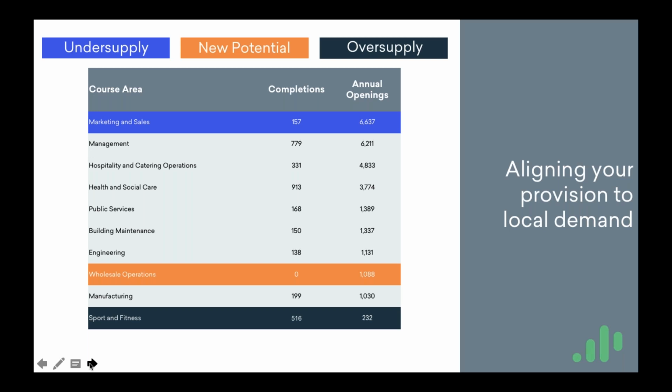So they have lots of people doing those courses, but actually the job demand locally isn't massively high. So this is just a simplistic example of the very detailed work that we can help you guys with.